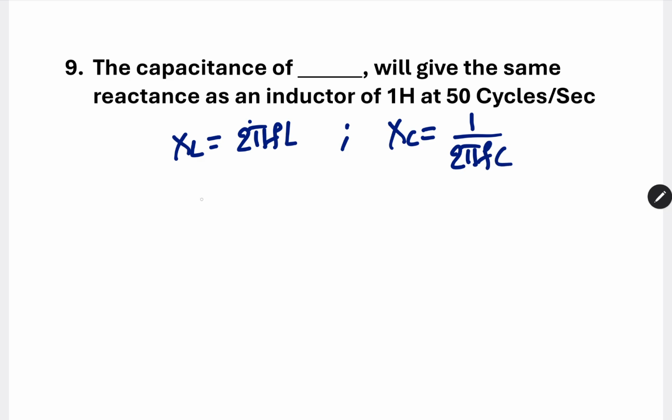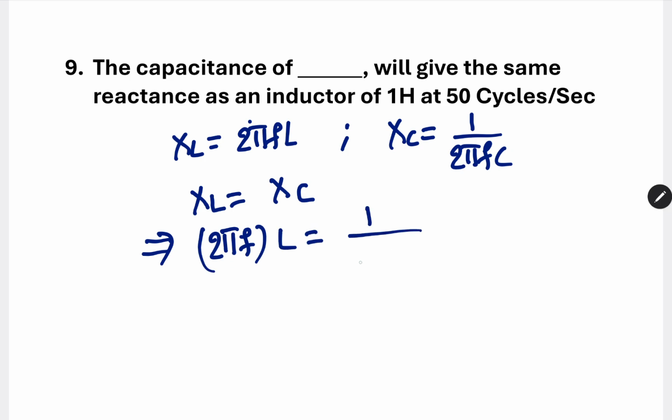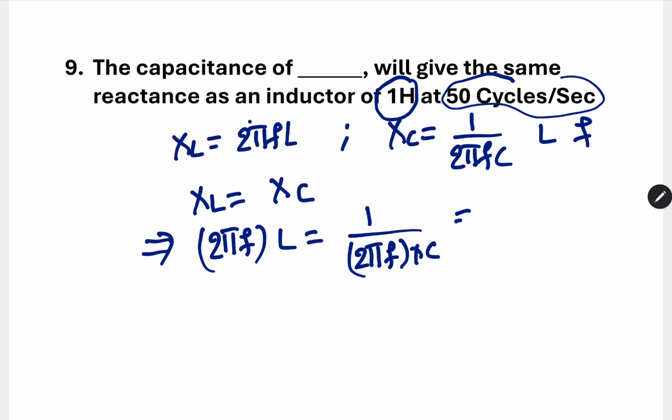So what I am doing here is XL and XC both I am making equal. So 2 pi F into L is equal to 1 by 2 pi F into C. Here, the inductance value is given as 1 Henry, so L is equal to 1 Henry, and the frequency is 50 cycles per second, which is 50 Hertz.